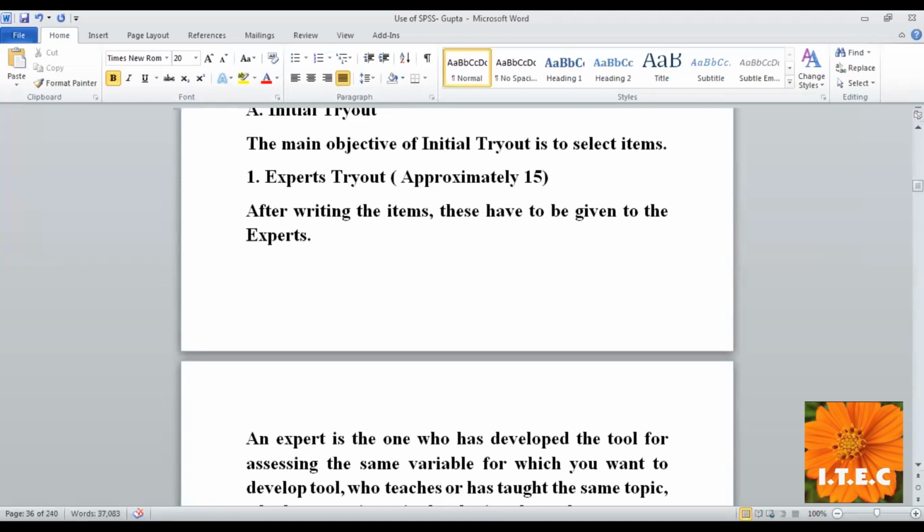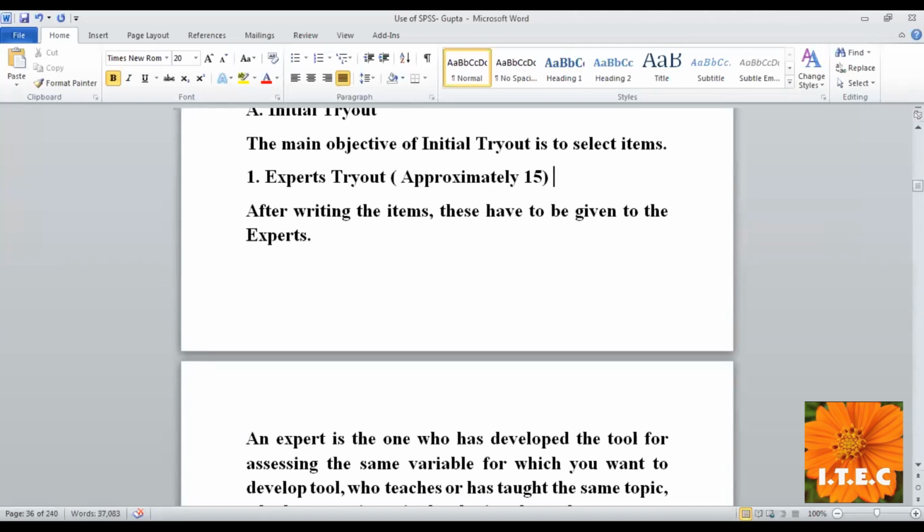You can ask, can we have 14? Why not? But if you say, can I have 5? The answer is no. Can I have 10? The answer is no. Why? Because if some of the experts do not respond, then the number will be very small, and then the decision taken by you will not be appropriate.